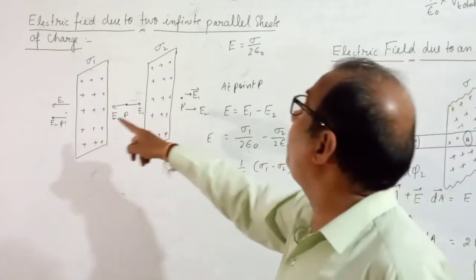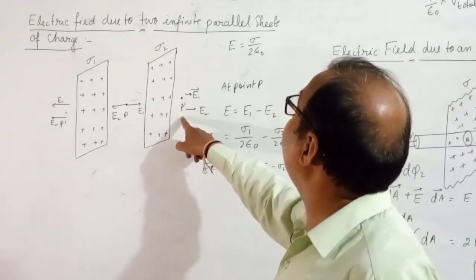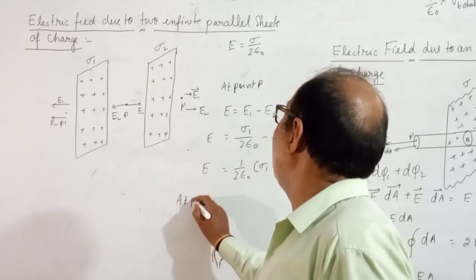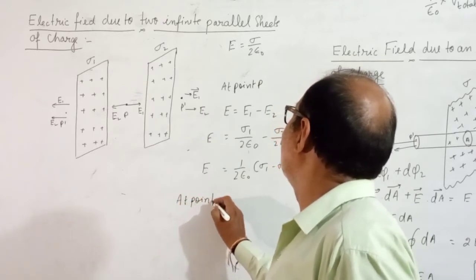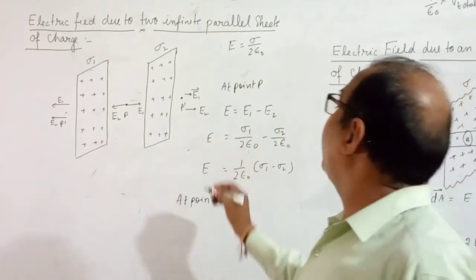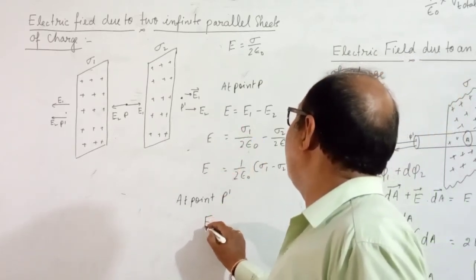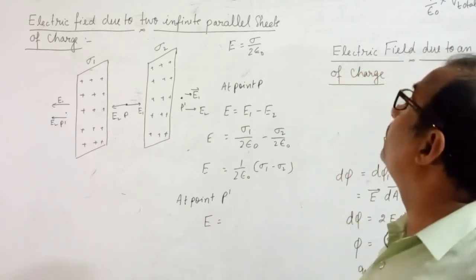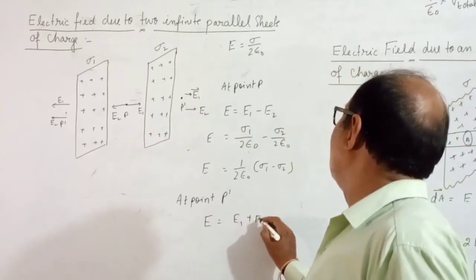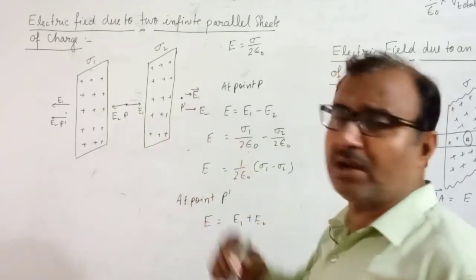But if instead of point P, we take another point P dash, then again you can see the intensity of electric field E equal to E1 plus E2. Why? Because both are in the same direction.